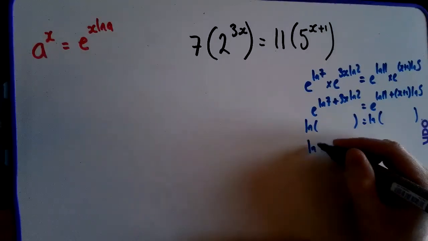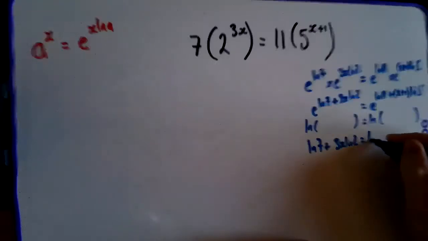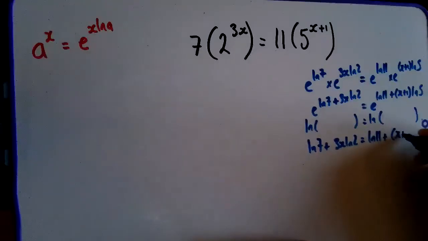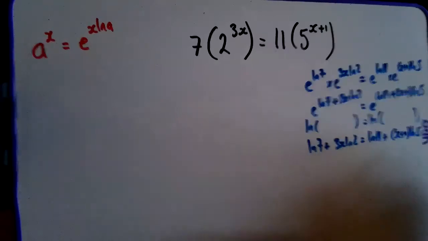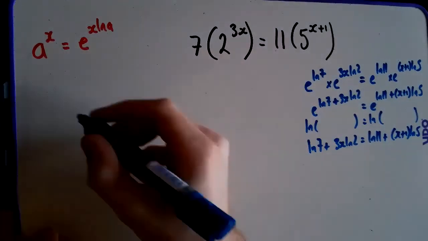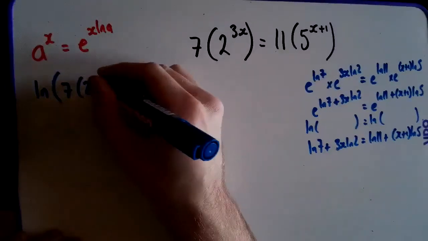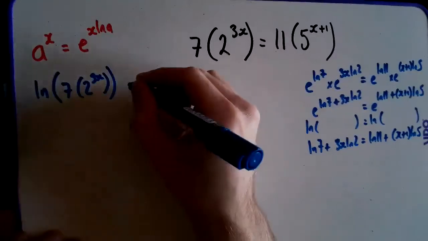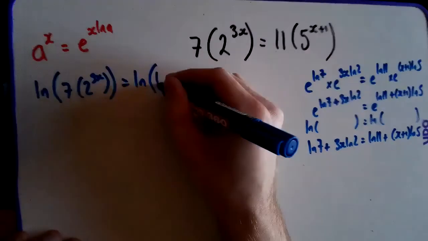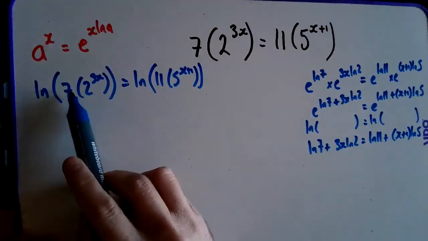So let's get ln 7 add 3x ln 2 is ln 11 add x add 1 ln 5. And then hopefully I'm going to get the same equation if I do the other method. So if I do ln on both sides straight away, and remember there's secret times that's here.